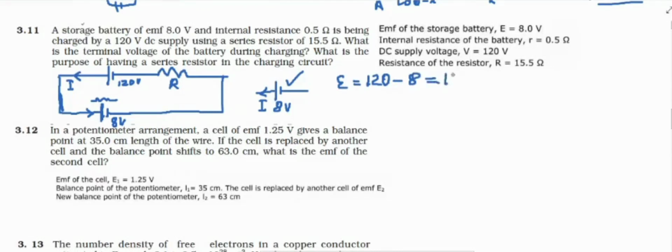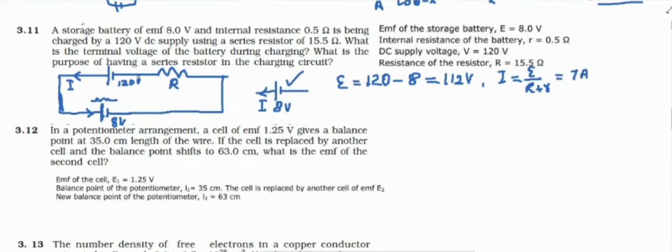You will get 112 volt. That is the effective EMF. Now, find the current in the circuit. Current I is equal to epsilon divided by R plus r. Effective EMF divided by R plus r, so you will get I around 7 ampere.